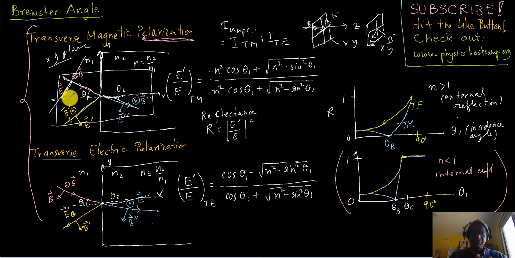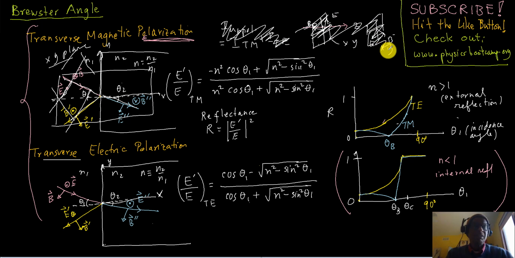So if you have an electric field in a random direction in this plane, then you can write it as the electric field in the z direction plus the electric field in whatever direction this happens to be at that point. Okay, so having said that, we don't need to worry about that anymore.